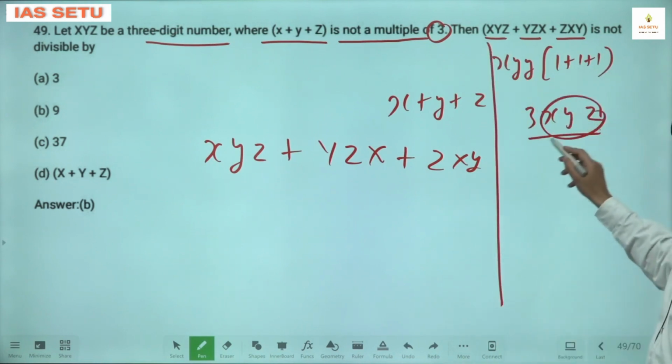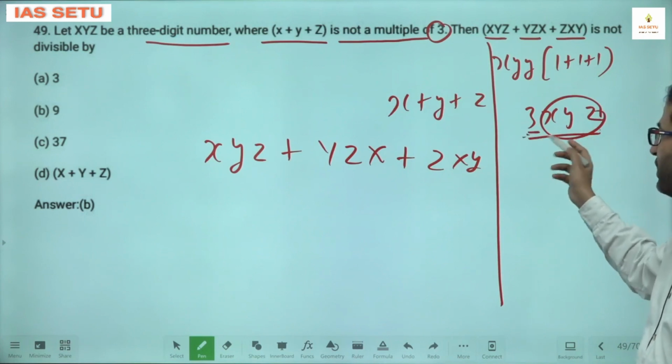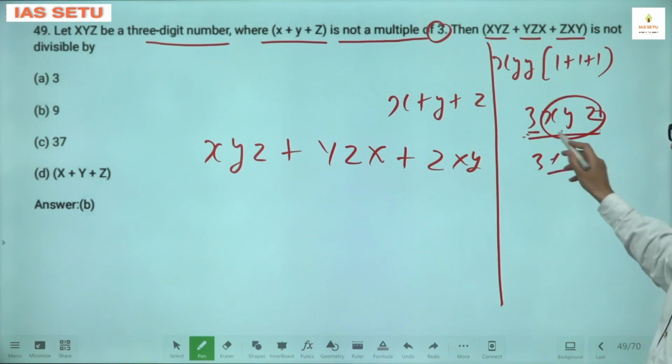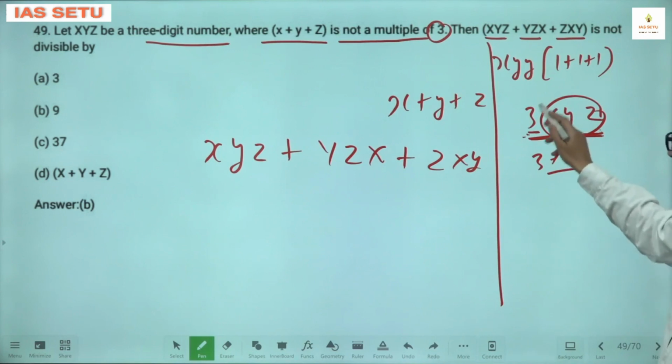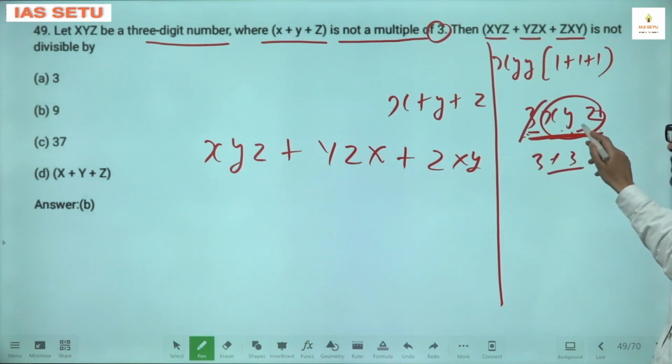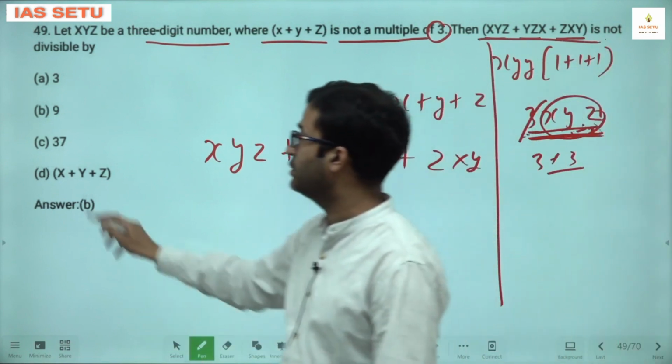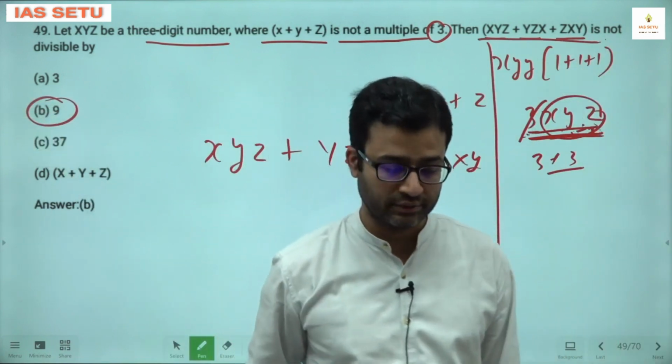This is not divisible by 3, but here the entire total will be divisible by 3, okay. So here 3 and 3, 9. Divisibility of 9: the complete total has to be divisible by 9. It is divisible by 3, but since X plus Y plus Z is not divisible by 3, this entire number is not divisible by 9. So answer is B, 9.